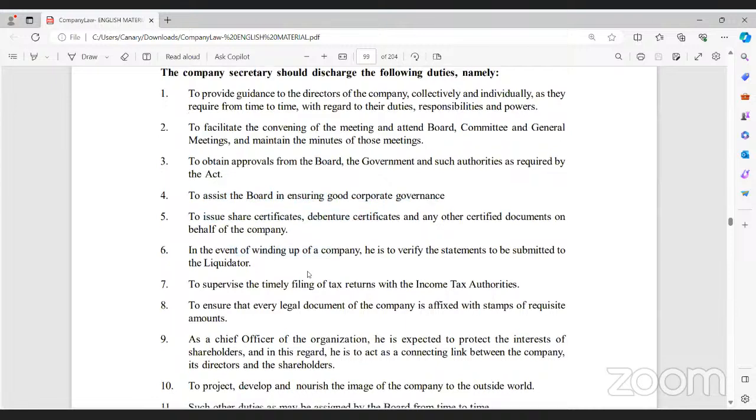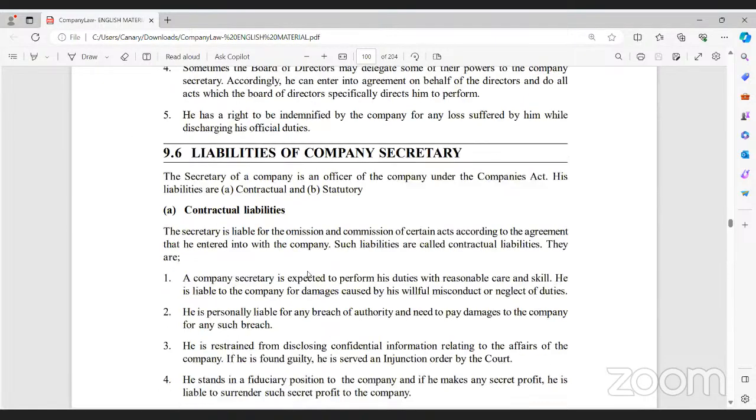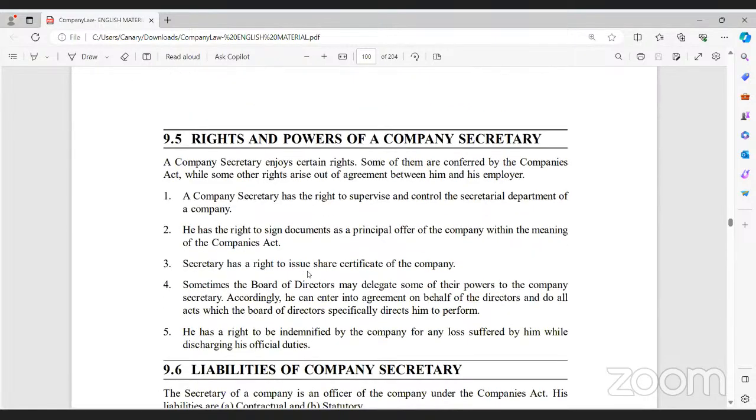Understood? So like that. Now coming to the rights and powers. Being such a key person in the organization, the company secretary also enjoys certain rights and powers. He has a right to supervise and control the secretarial department of the company.